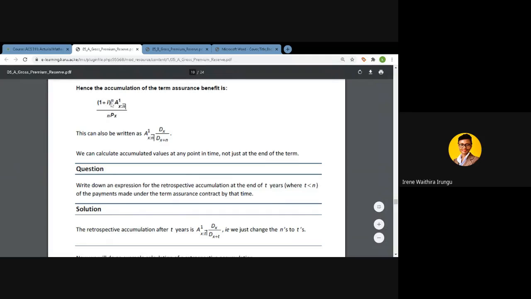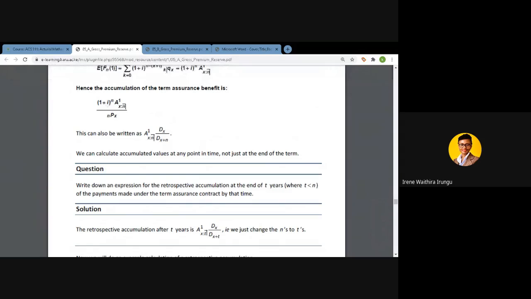And therefore, I can express this accumulation factor in terms of v, and I can express my probability of life in terms of lx. We know accumulation is the reverse of discounting.